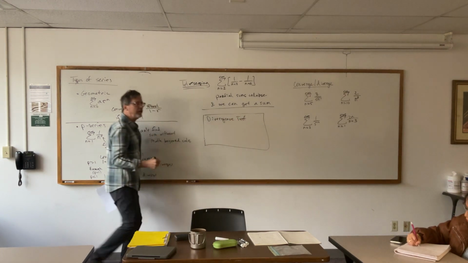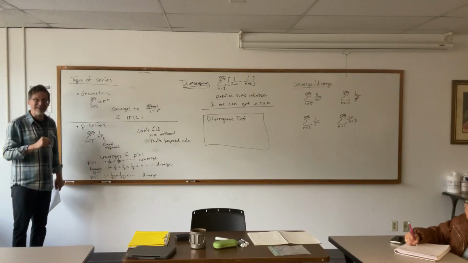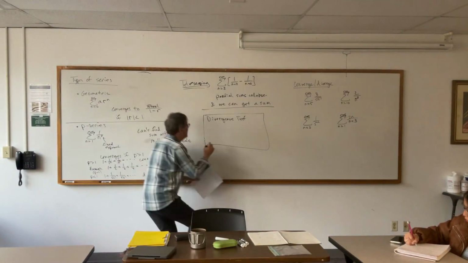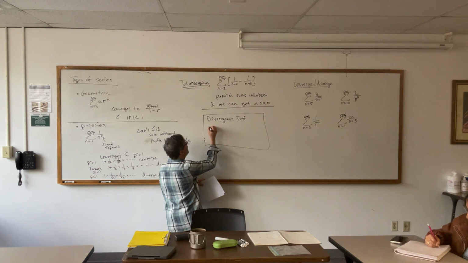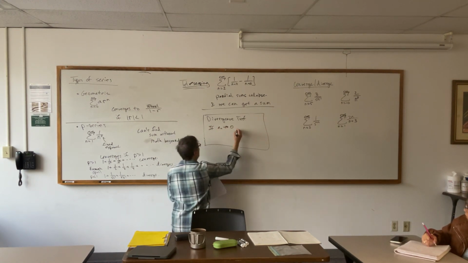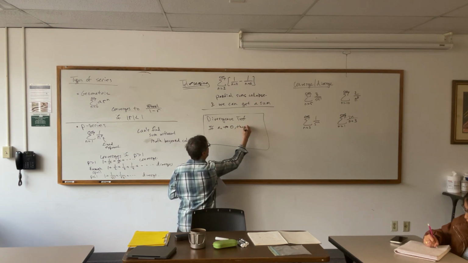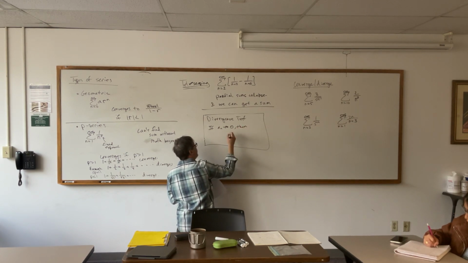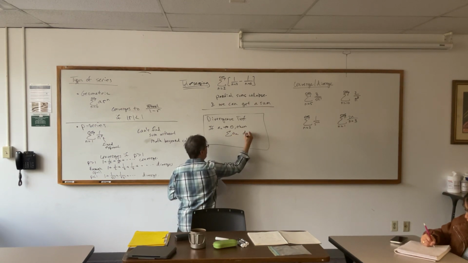What was that test? If a_n does not converge to 0, then it diverges. Absolutely. So if I have a sequence of terms and they are not dying out, then this series diverges.